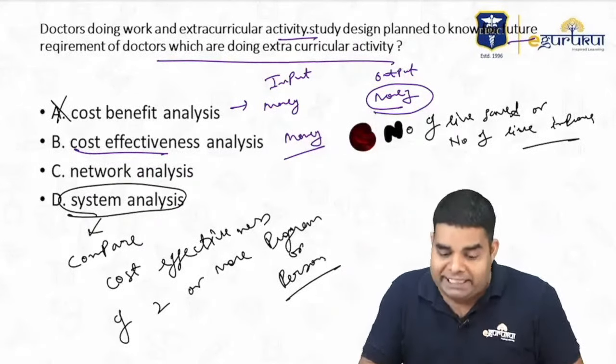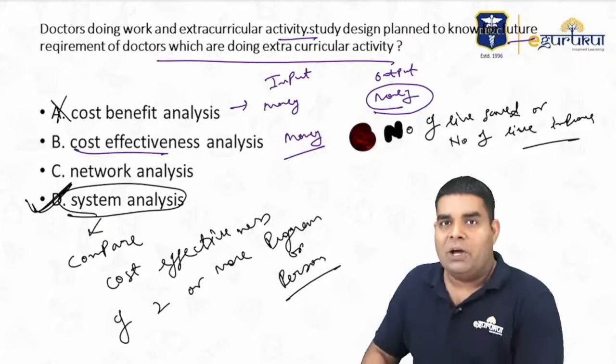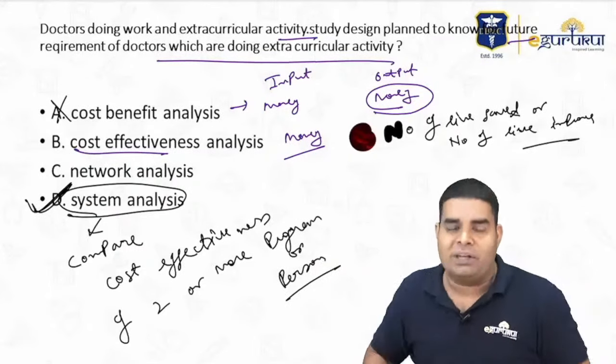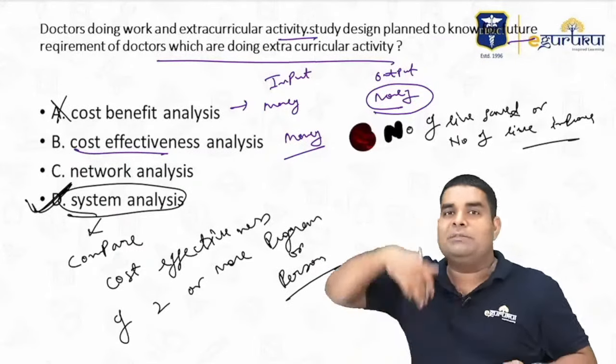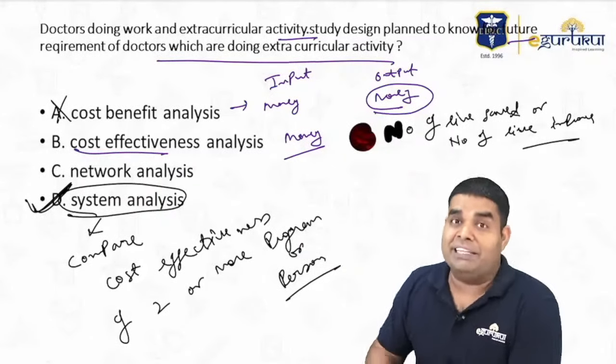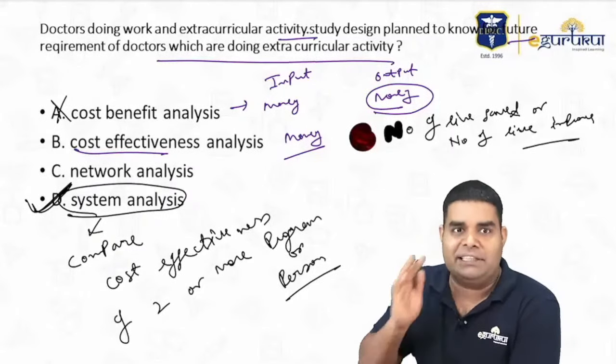We can do it by system analysis. System analysis tells us how to compare the cost effectiveness of every doctor, and then the doctor who is most cost effective will be selected. That is, cost effectiveness analysis of two or more persons is done by system analysis. So the correct answer is system analysis.